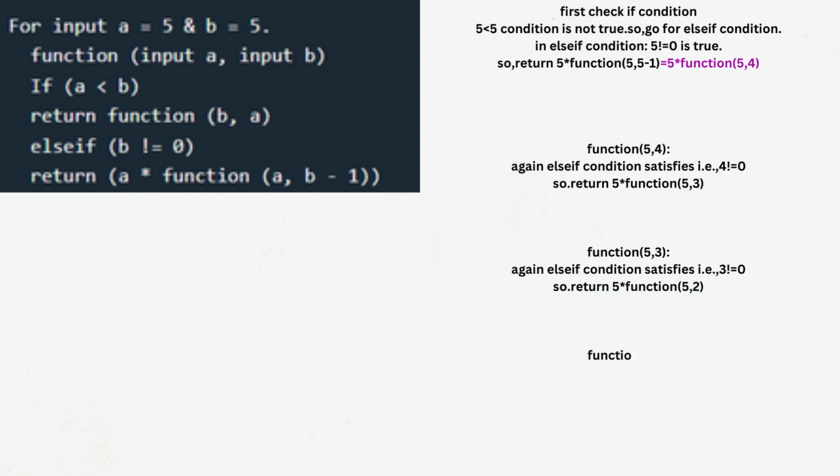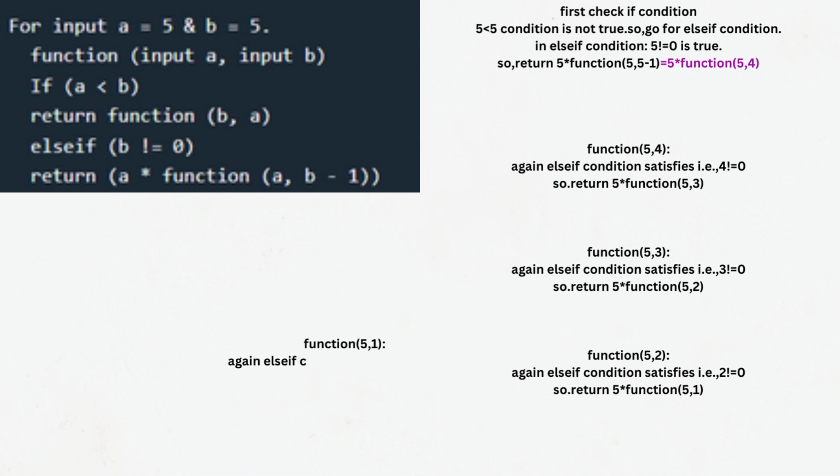Function of 5 comma 2 is again executed in the else if block as 2 not equals 0, and it again returns 5 into function of 5 comma 1. In function of 5 comma 1, 1 is not equals 0, so it is executed in the else if block again, and it returns 5 into function of 5 comma 0.